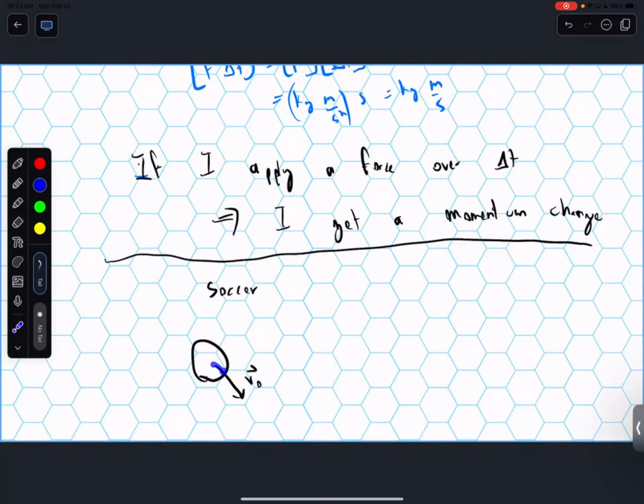Okay, so my ball, it's currently rolling. It has some v naught. And then I come in with my green foot and I kick the ball. And I can think of my kicking the ball as applying some impulse to the ball. Okay, so let's say I'm an okay kicker.